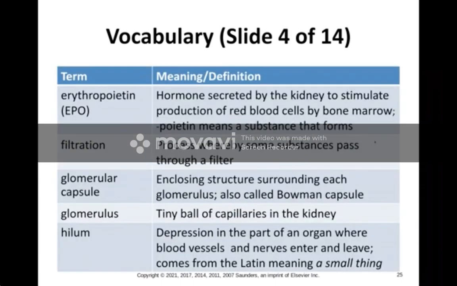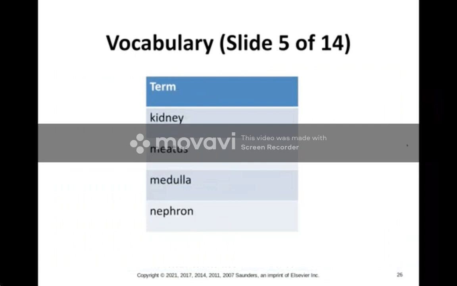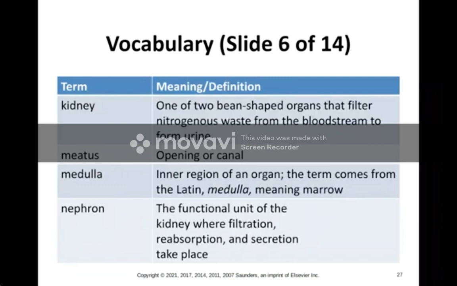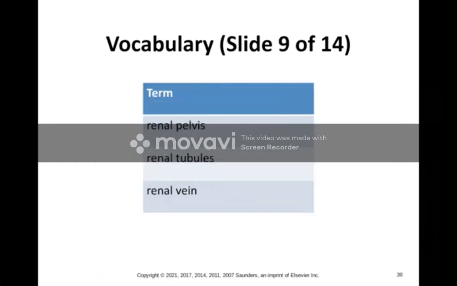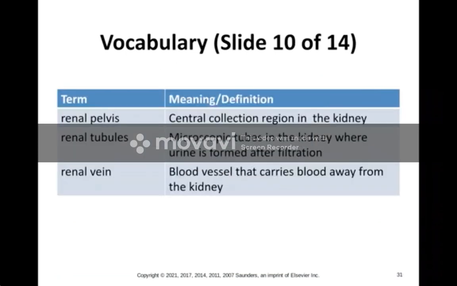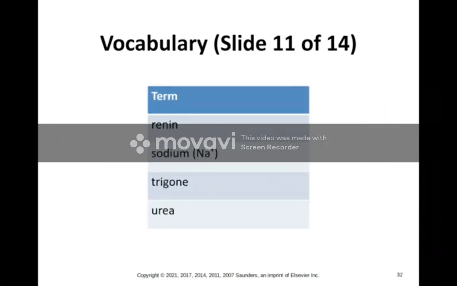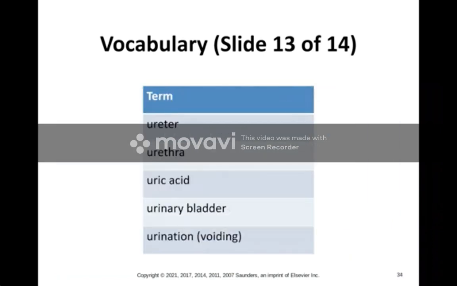The hilum, kidney, meatus, medulla, nephron, nitrogenous waste, potassium, reabsorption, renal artery, renal pelvis, renal tubules, renal vein, renin, sodium, trigone, urea, ureter, urethra, uric acid, urinary bladder, urination or voiding.